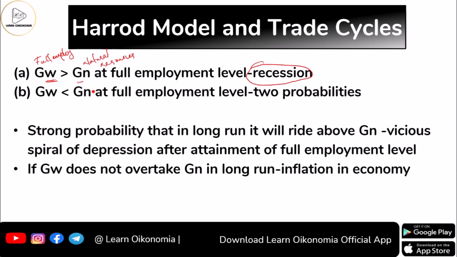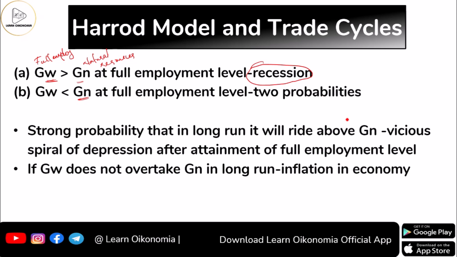On the other hand, if the natural growth rate is more than the warranted growth rate, again at full employment level, this will lead to two possibilities. Let's see the two possibilities. So we have to think about a very strong possibility that would be happening in the long run, which would be riding above the natural growth rate.